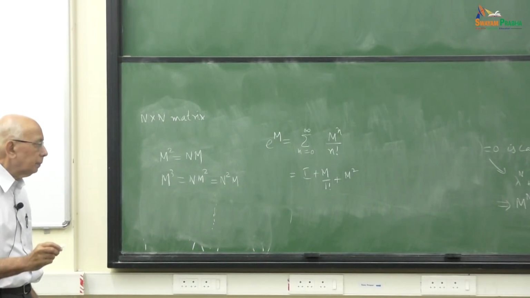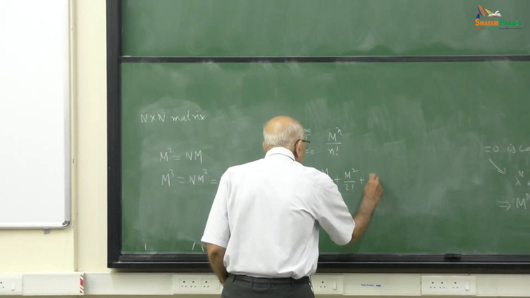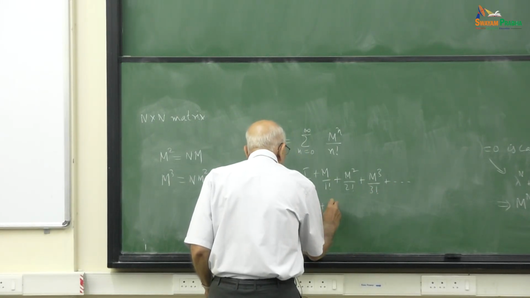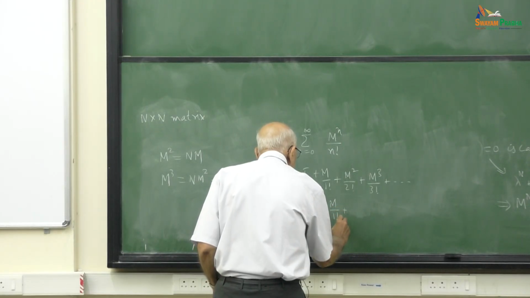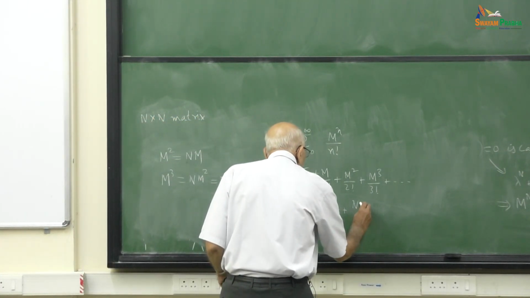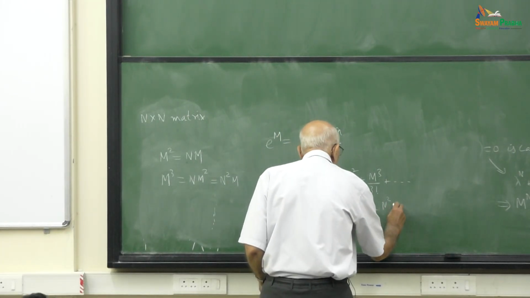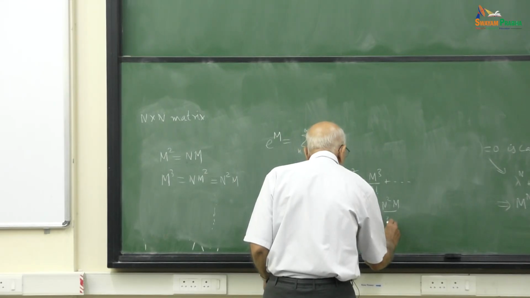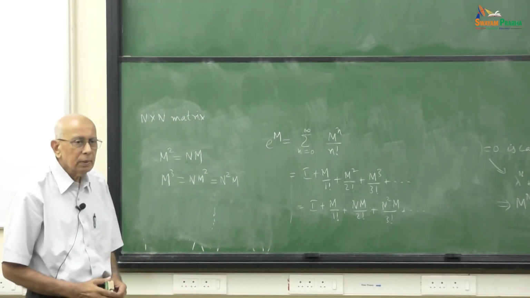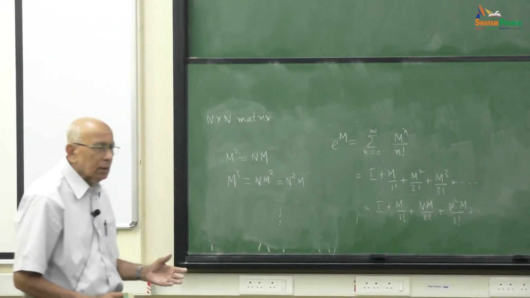Okay, thank you. That's equal to I plus m by 1 factorial plus m squared by 2 factorial, but m squared is nm. Can you sum this series? Take out the m constant and take out the m.